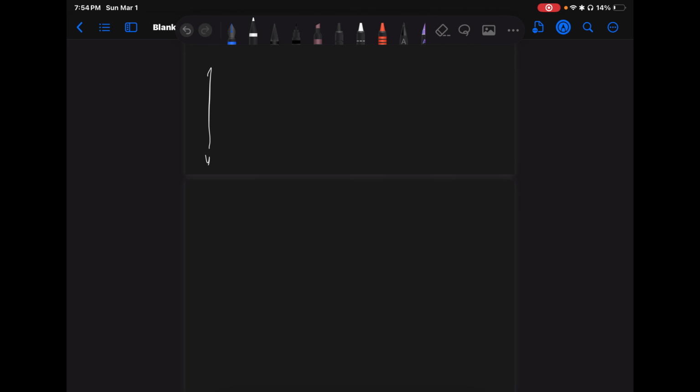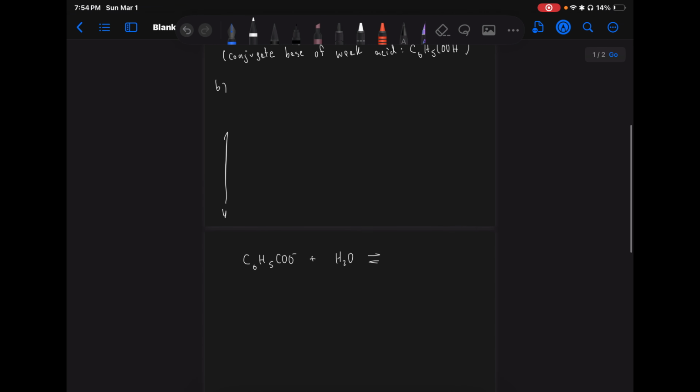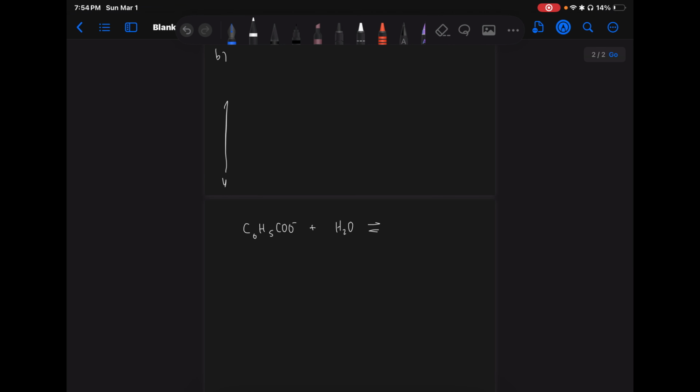So the reaction here is C6H5COO- plus H2O. We don't have to worry about the Na part because that'll be neutral in solution. But this is just how I solved it.